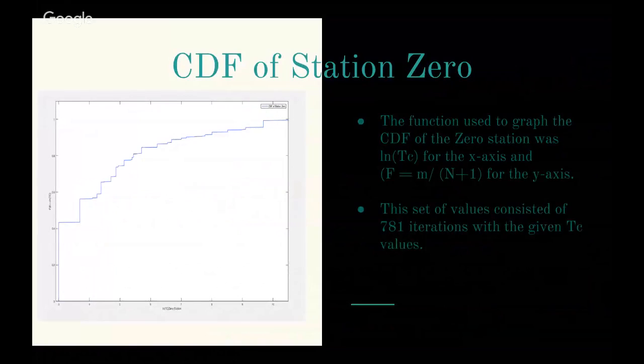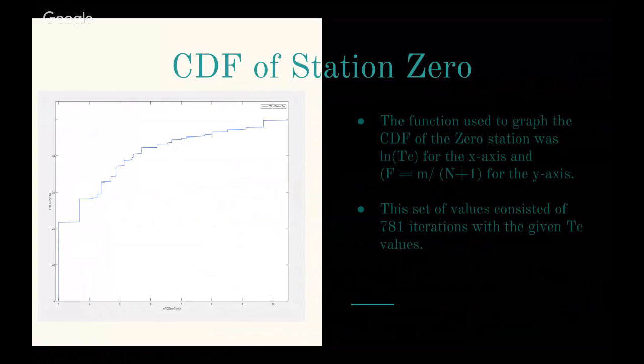Starting with question 1, the way we graphed these CDFs was first we took the raw data off of the Excel sheets, and then in MATLAB we log transformed all of the data sets, and from there we plugged them into the equations for CDFs and graphed the normal CDFs for station 0 and the southern station.